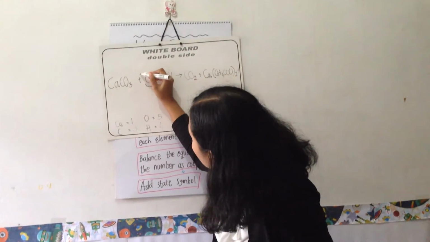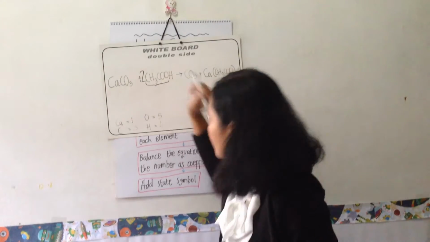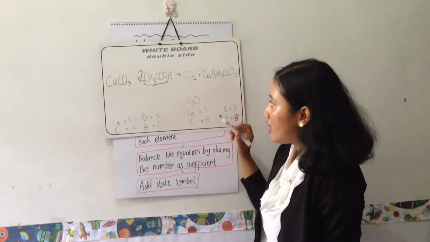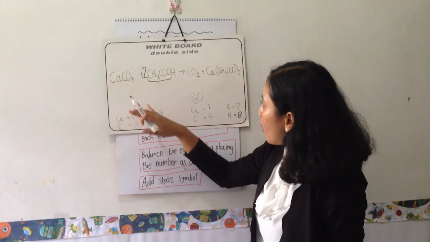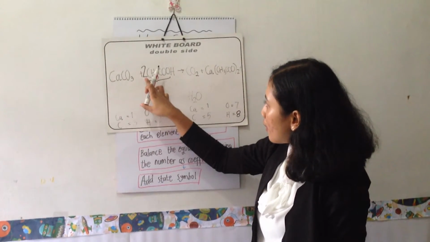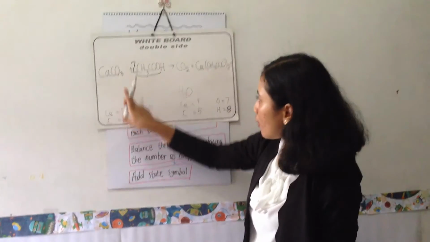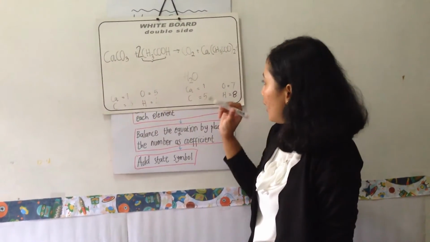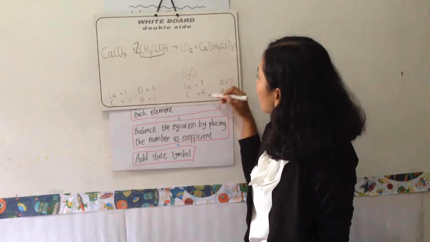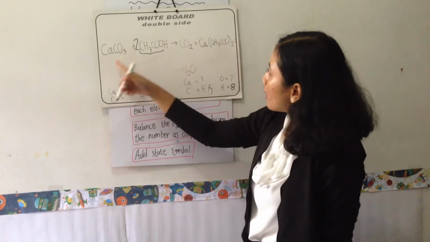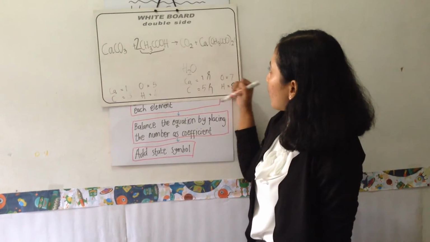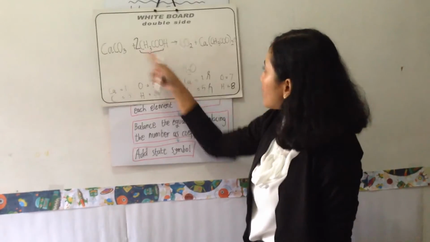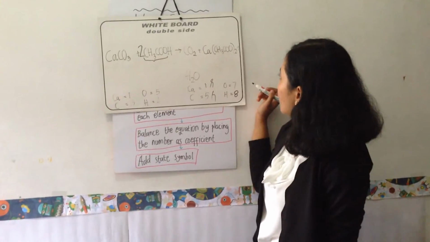We write 2 here. Check again, already balanced or not. So how many carbon here? Already 5. Okay. Carbon already. Calcium already balanced. Acetate already, yeah.